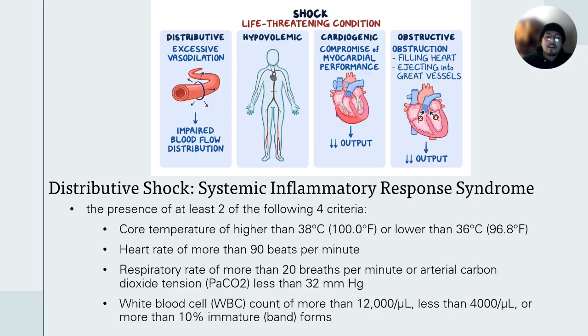They can also have a heart rate of more than 90 beats per minute, respiratory rate of more than 20 breaths per minute, or arterial carbon dioxide tension less than 32 millimeters of mercury, a white blood cell count of more than 12,000, less than 4,000, or more than 10% immature band forms, which is all found through a complete blood count.